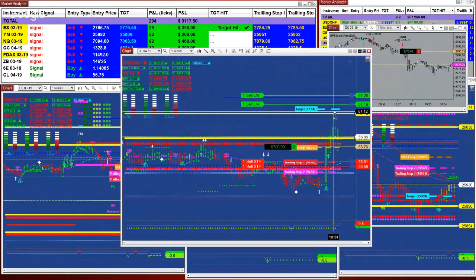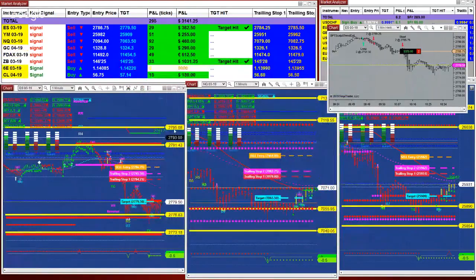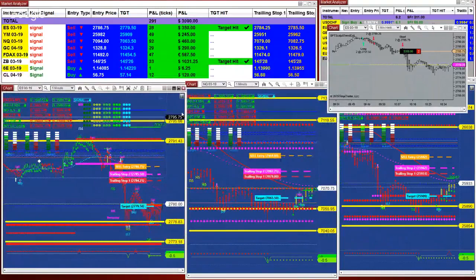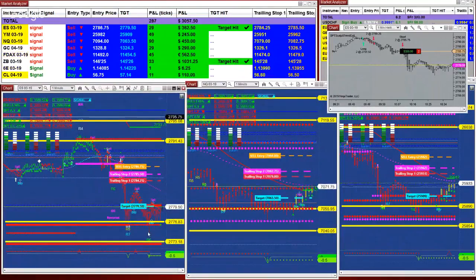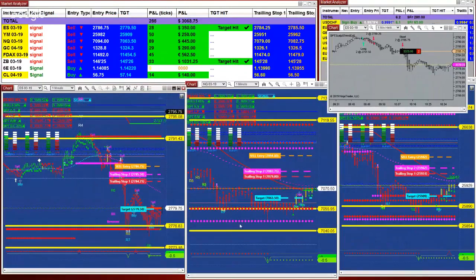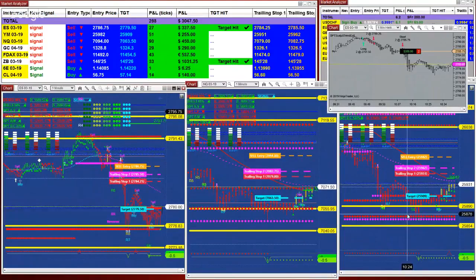Right now, there is nothing on the other markets. I can call those reversals once the market gets into those yellow lines, as you see on the ES, Nasdaq, and YM. You can see how this market came in right between those yellow lines.